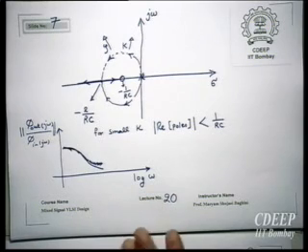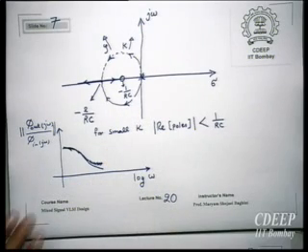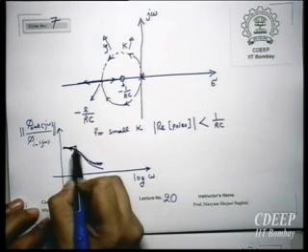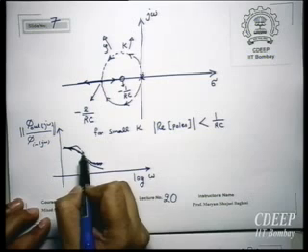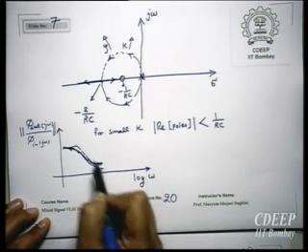And of course here, because the zeta is small, we may have some peaking. Therefore it may behave like this.